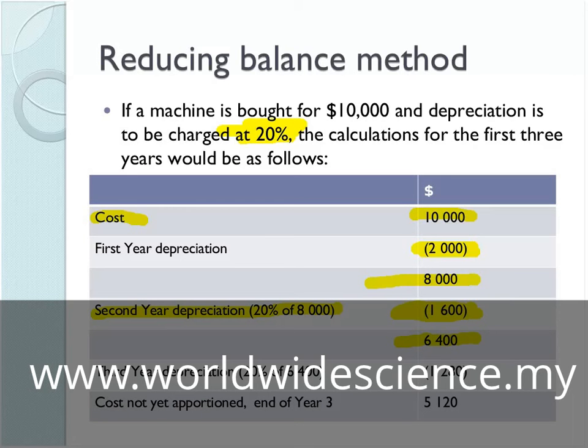So for year number two, we calculate 8,000 minus 1,600, which would be 6,400. The 1,600 is just the 20% multiplied by 8,000, right?